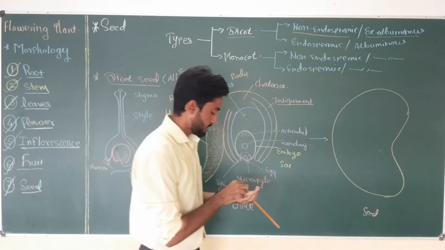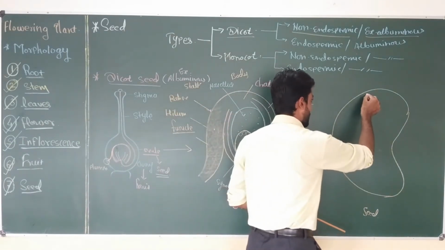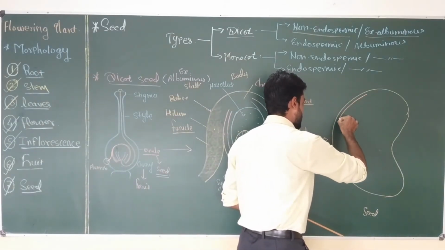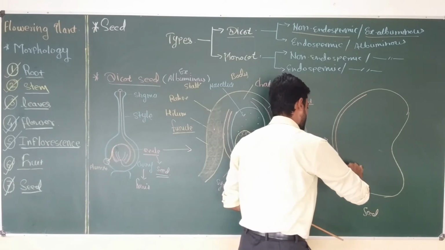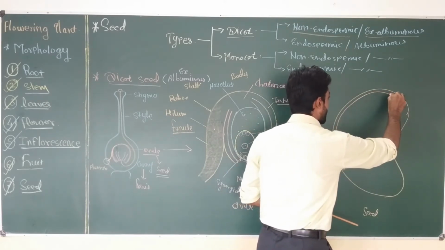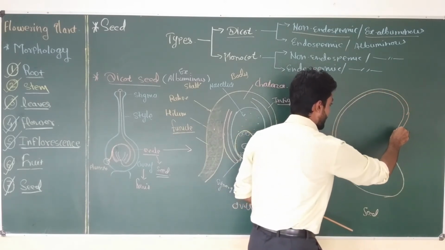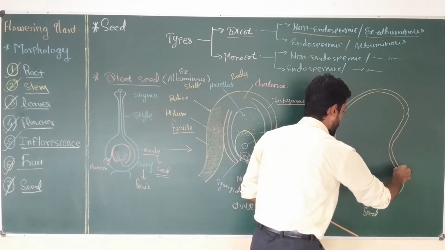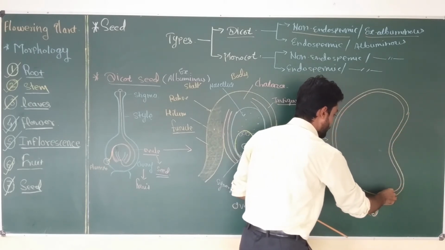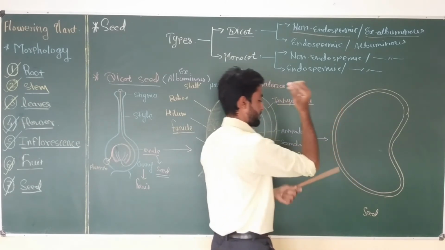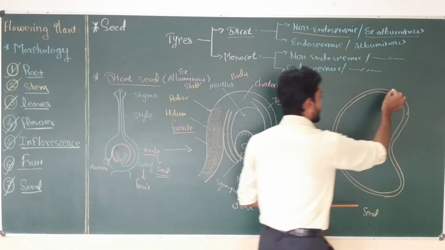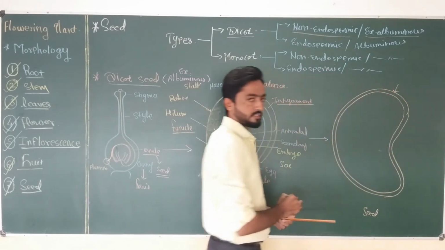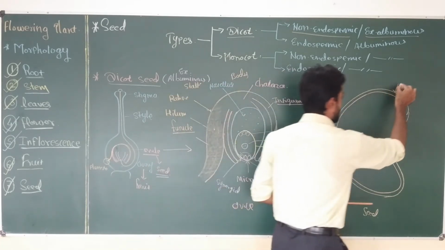Okay, so the first part in this type of seed is the seed coat, which is nothing but the modified integuments of the ovule, and two seed coats are produced. The outer seed coat, which is hard and resistant, is called testa.